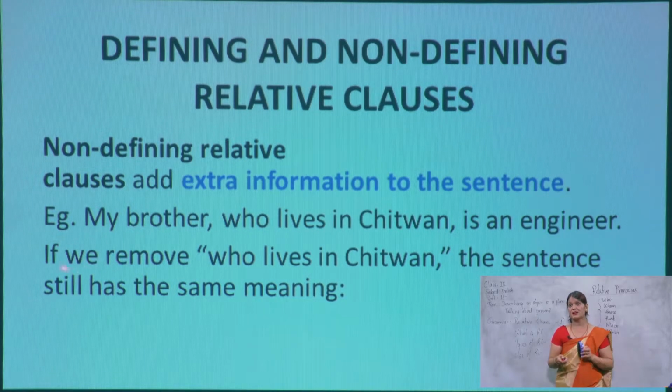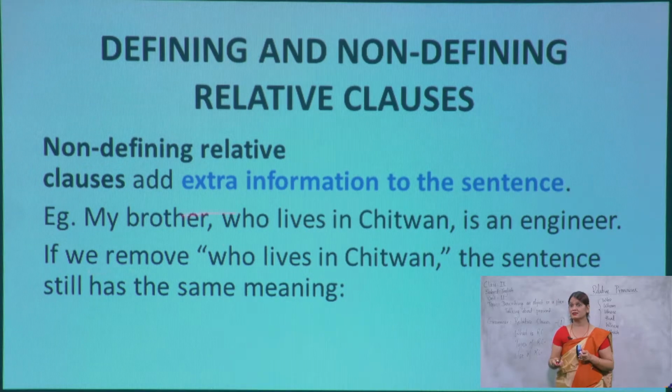Just have a look. My brother, who lives in Chitwan, is an engineer. In this sentence you can see the use of commas both in front of and at the back of this relative clause. If we remove "who lives in Chitwan", the sentence still has the same meaning, right? My brother is an engineer.